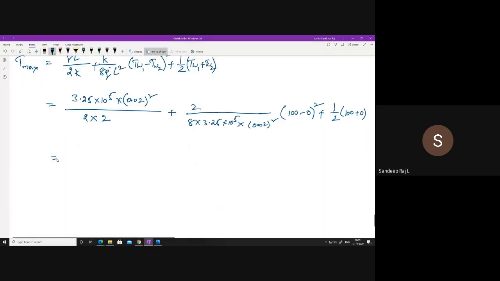So T max will be equal to 101.74 degrees centigrade.